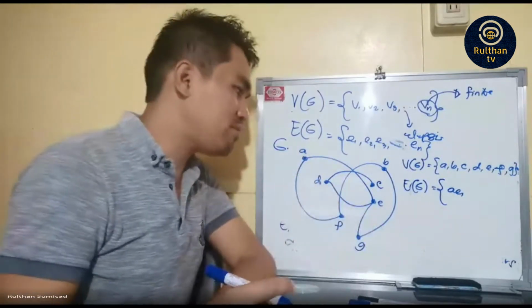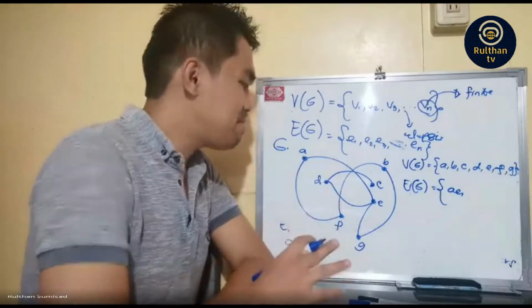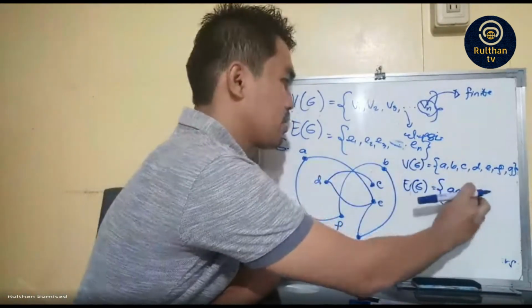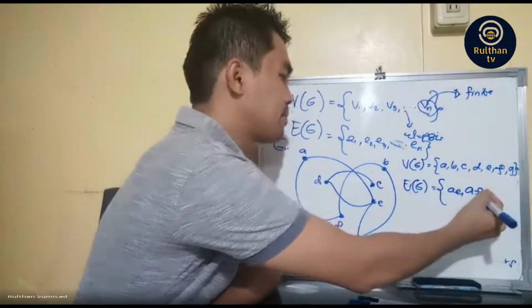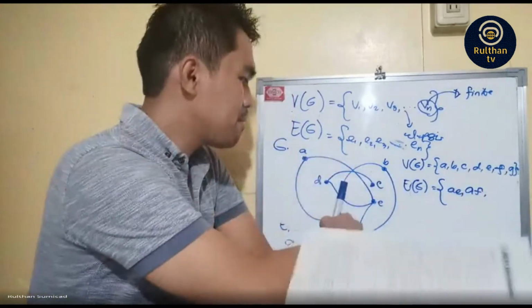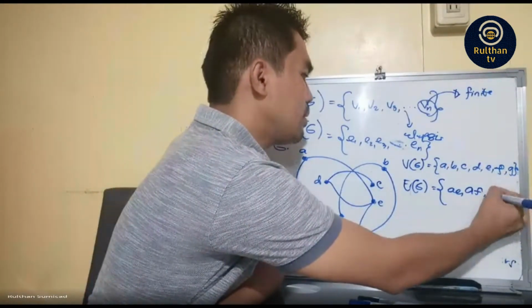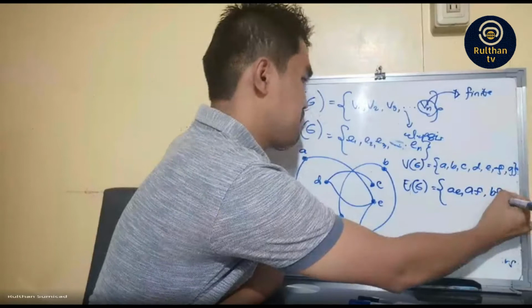Okay, so that's one of the edges, followed by, I have again A, F, then B, F, what else?